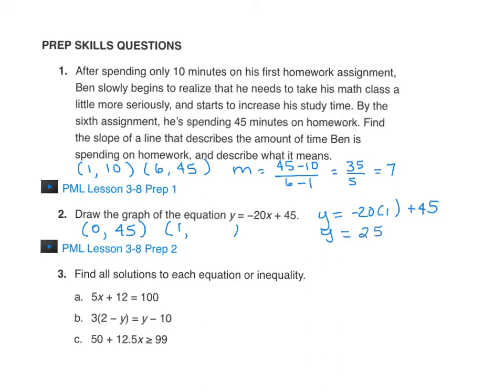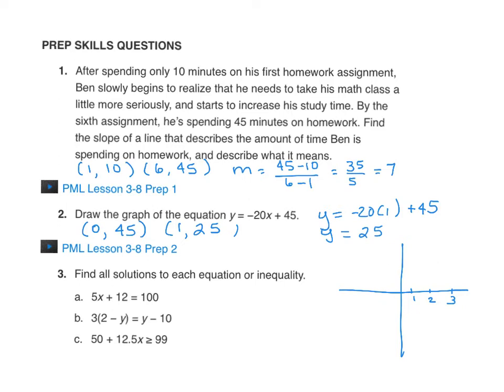So I have another point, 1, 25. So if I were to graph this, let's let this be 0, then 1, 2, 3, and so on.